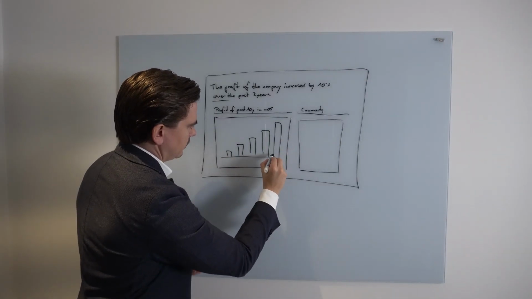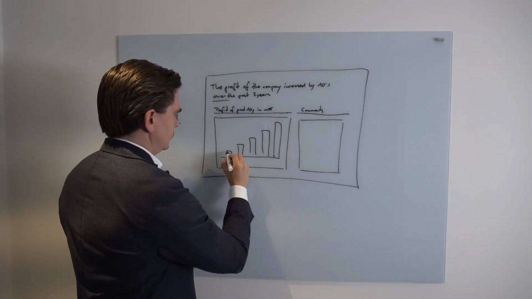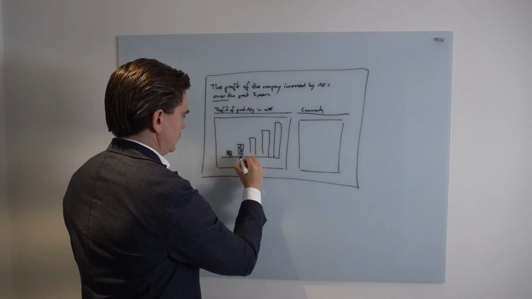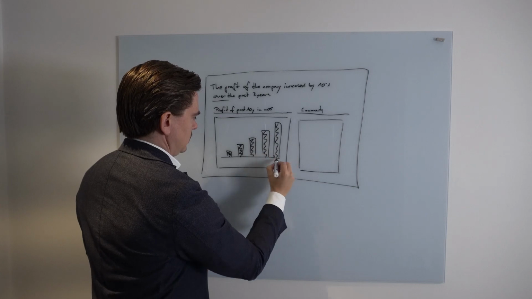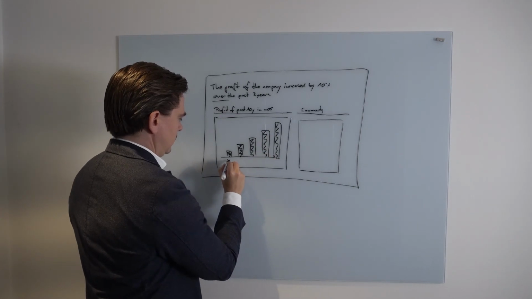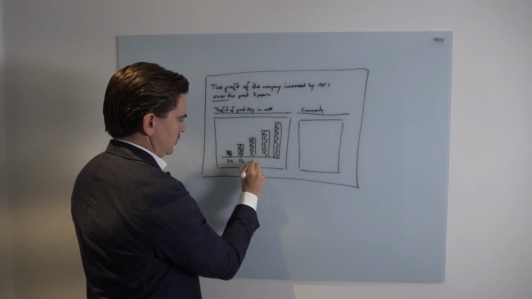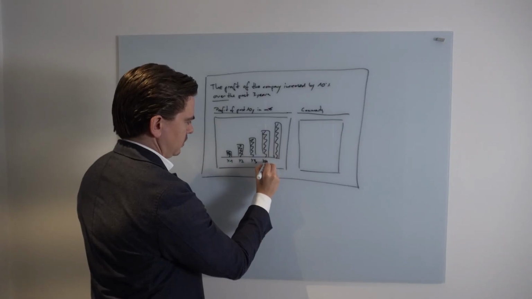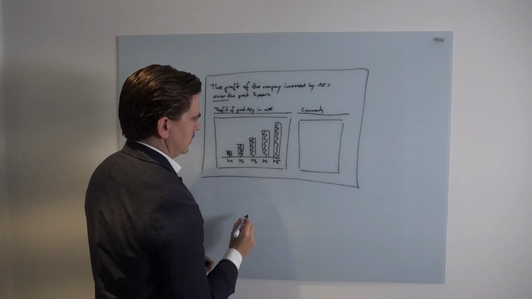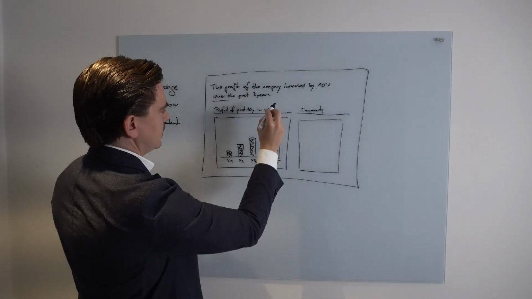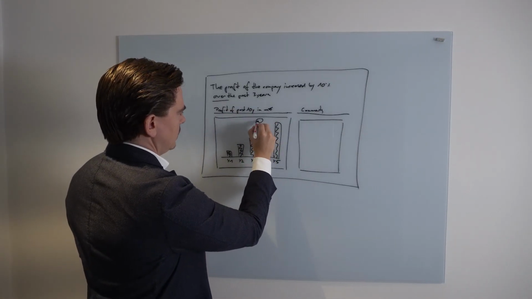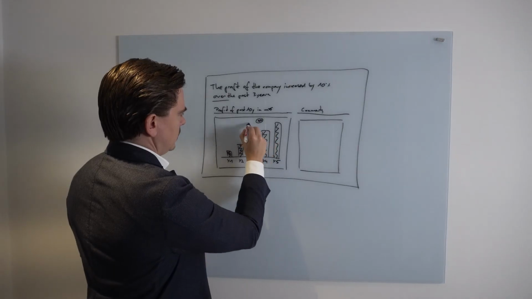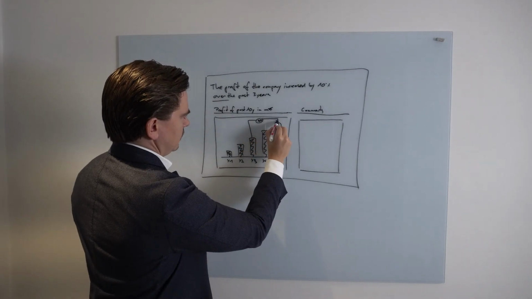Okay, let's say this is the profitability. This is year 1, year 2, year 3, year 4, year 5. Then also, because we wanted to highlight the past 10 years, let's say 10%, we include a visualization here.